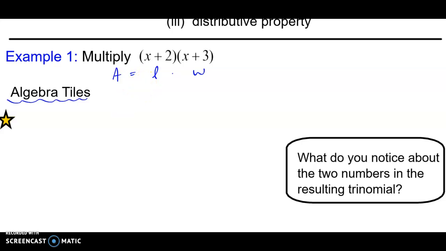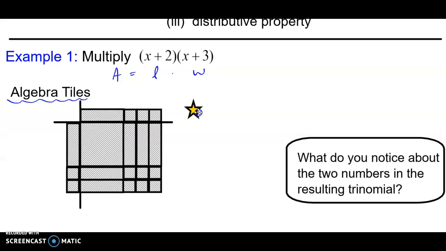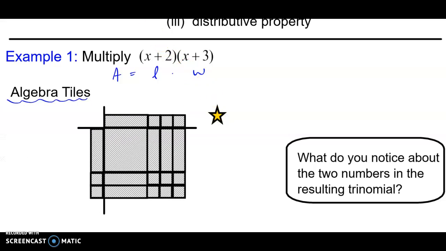So if we're looking at algebra tiles, here we have 1 x tile on the outside of our guide here and three unit tiles. For the width here, we're going to have 1 x tile and 2 unit tiles.